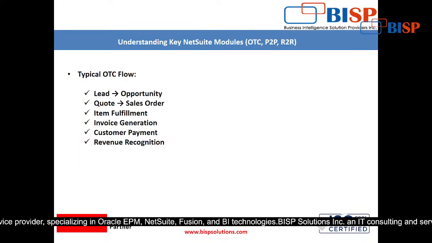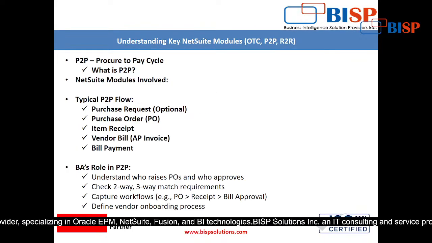Secondly, we have seen purchase to procure. When we purchase something from the vendor, the vendor sends the item, and if they do not send it, we return the item to the vendor. So purchase to procure is completely a different scenario.